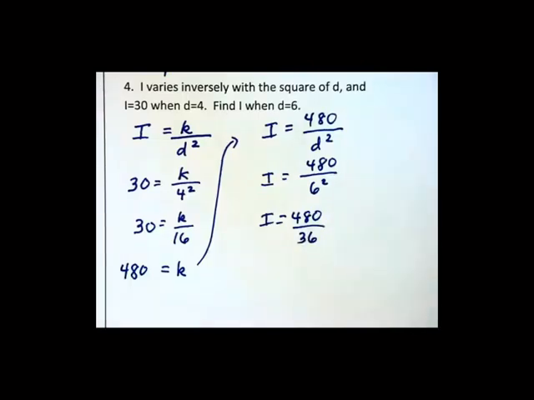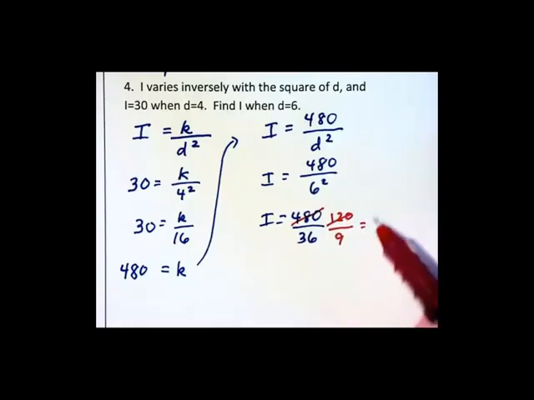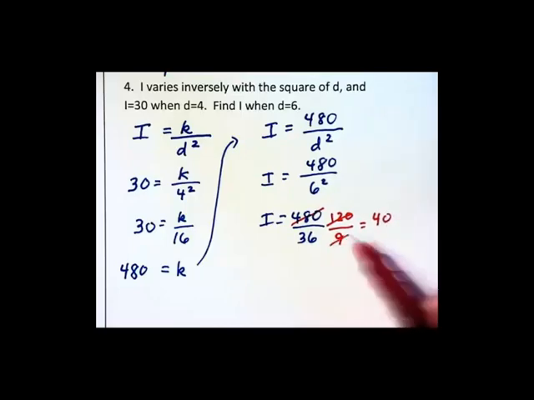I notice that each are divisible. Let's start with 4. That'll give us a 120 over 9. Let's divide each by 3 now to get a 40 and a 3. And it looks like 40/3 is going to be our answer because we can't reduce any further on that one.